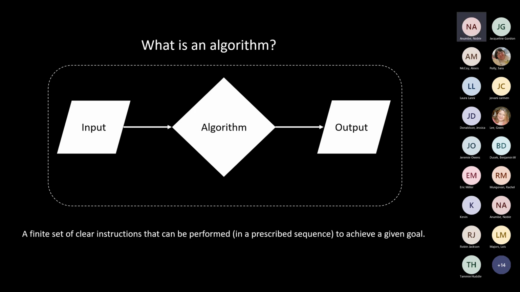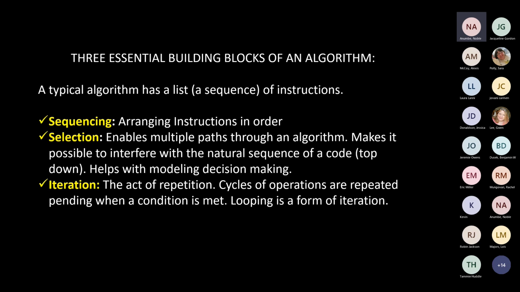Now, for those of you that are going to be writing the certification exam, I would think things like this, like what's an algorithm, things like that are going to begin to feature, right? And then you might run into things like the 3 essential building blocks of an algorithm. Now, a typical algorithm has a list or a sequence of instructions, which is what I already mentioned, right?